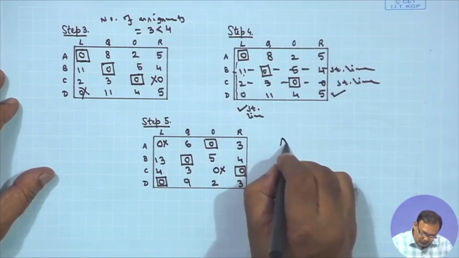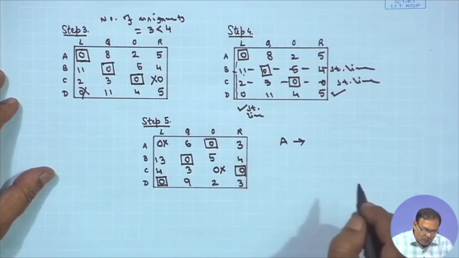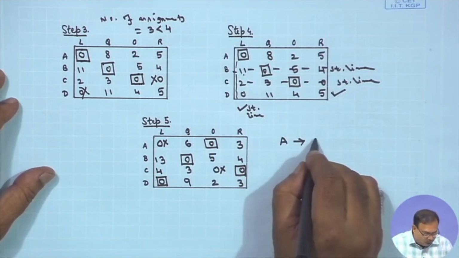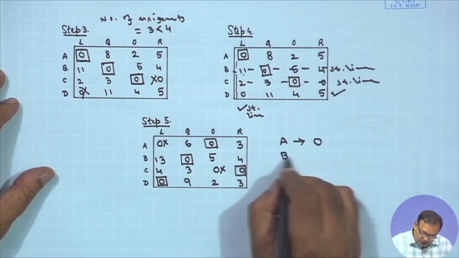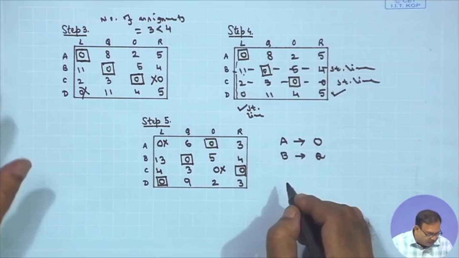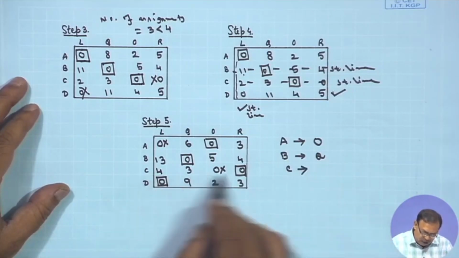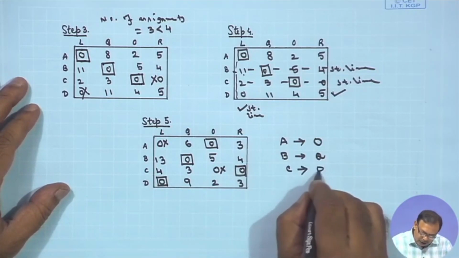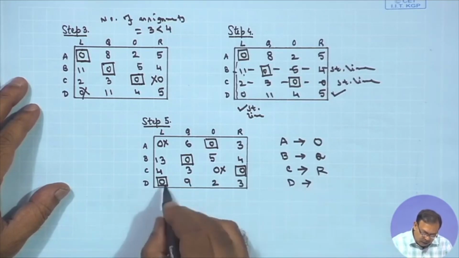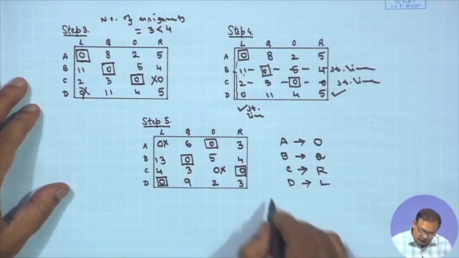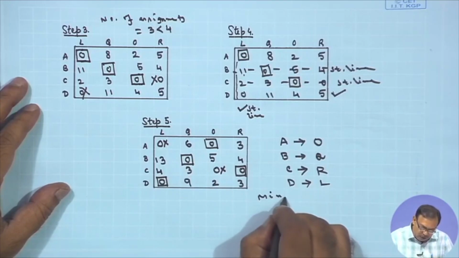So, what will be the assignment? Teacher A will get O, teacher B will get Q, teacher C will get R, and teacher D will get L. So, this is the assignment, and what is the minimum cost?